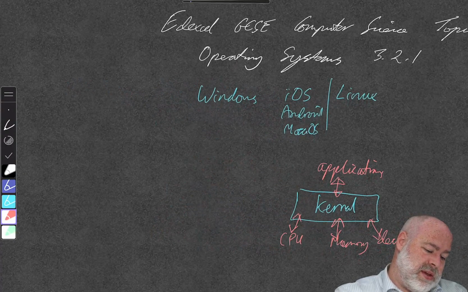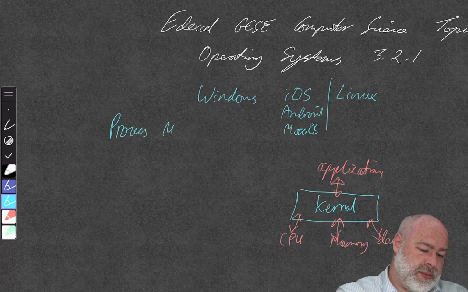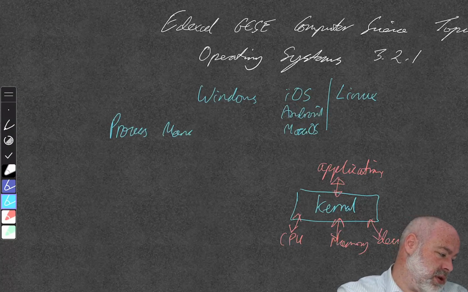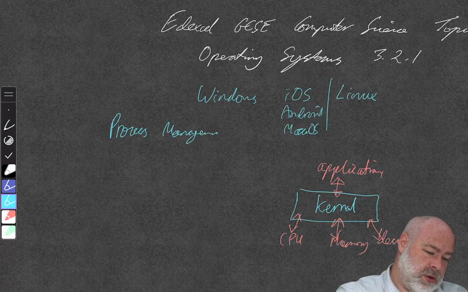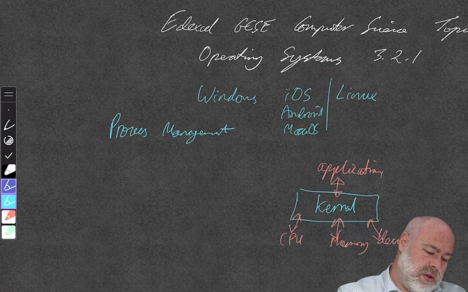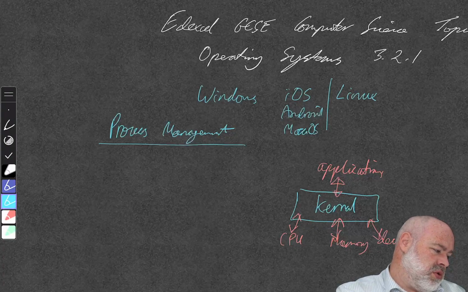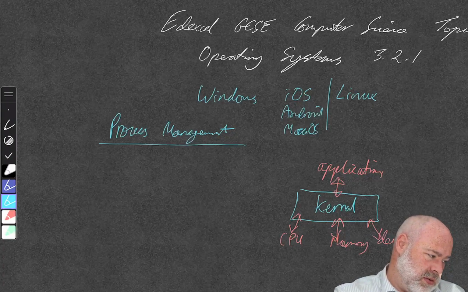So one of the big things that it does is process management. Okay, process management. And there's quite a lot to unpick here. So the operating system will coordinate its CPU, central processing unit, to schedule processes.